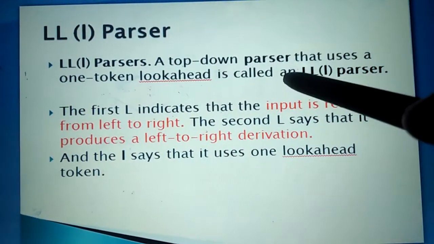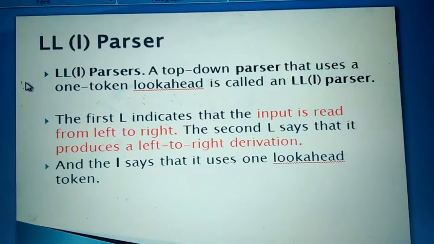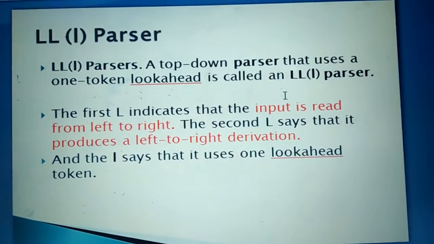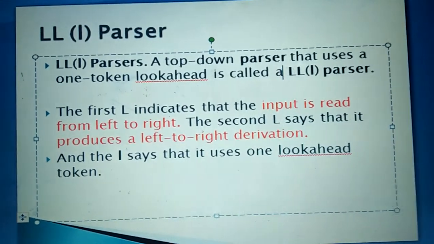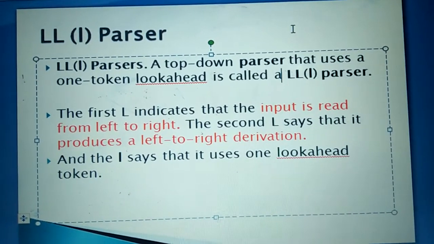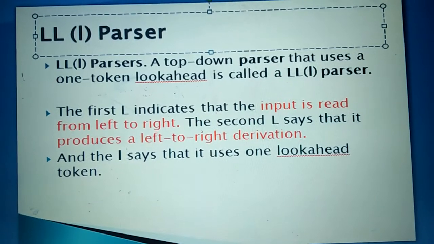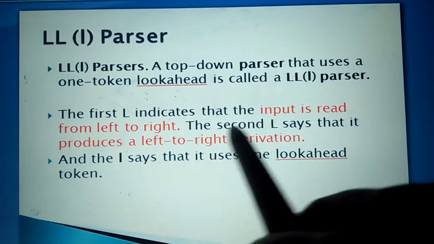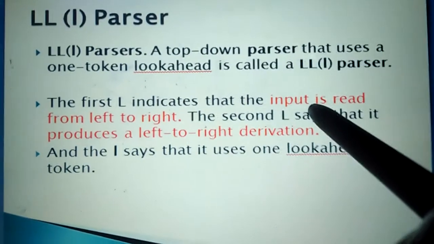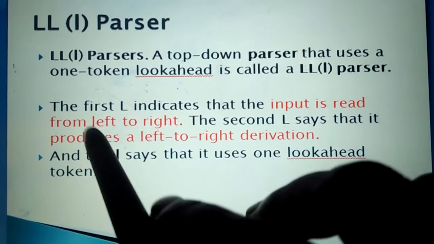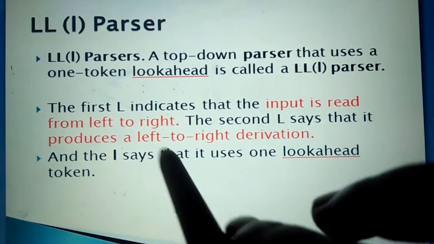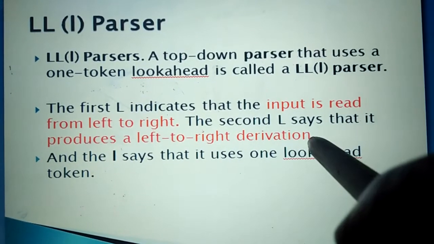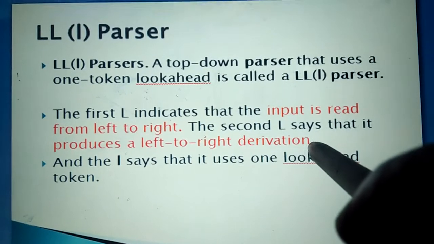It is called an LL Parser. The first L indicates that the input is read from left to right, and the second L says that it produces a left to right derivation for the parse string.